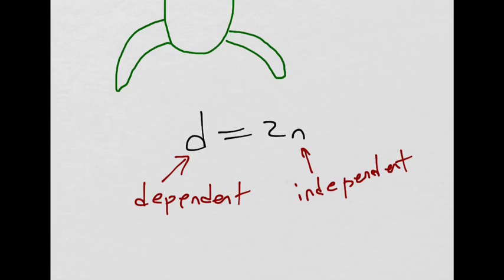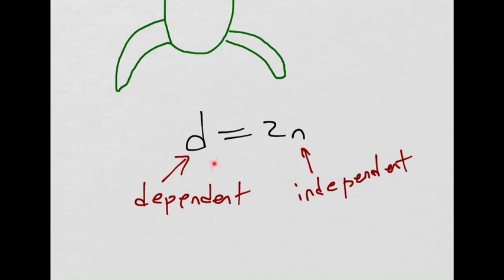The independent variable's value was determined just by the context of the problem. When equations don't have context, you can just choose values for the independent variable at will. But in this case, they're determined by the behavior of the frog. The distance is dependent upon the number of jumps that the frog has taken. So that was the equation that we had last day. I want you to think, just for a moment, about the kinds of numbers that n and d can be, given the context of our problem.